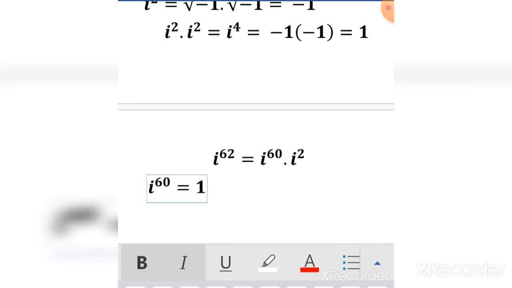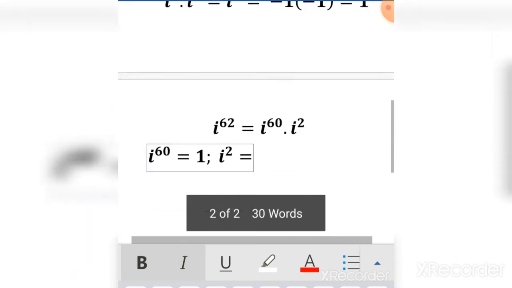Then, i to the power of 2, or i squared, is equal to negative 1.